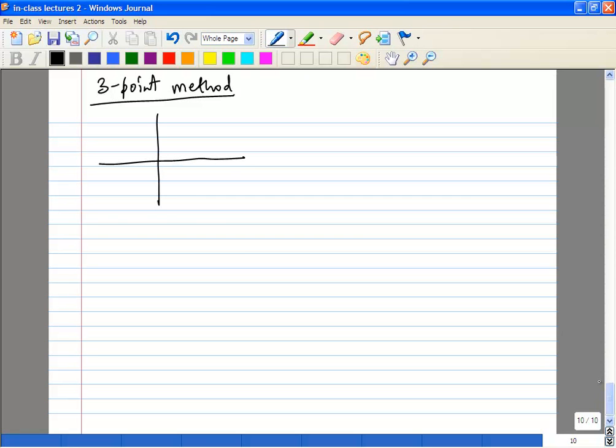So let's assume your nonlinearity is something like this. What we're going to do is find the slopes at 3 points, at the negative extreme, around 0, and at the positive extreme, and relate that to IIP3.